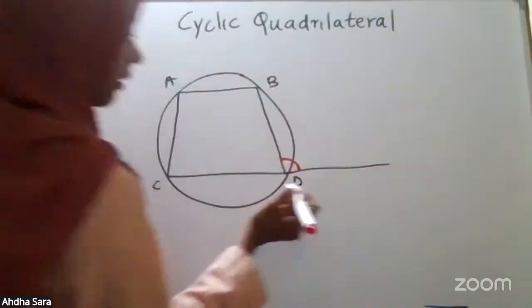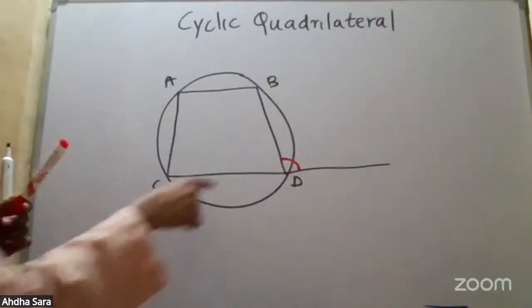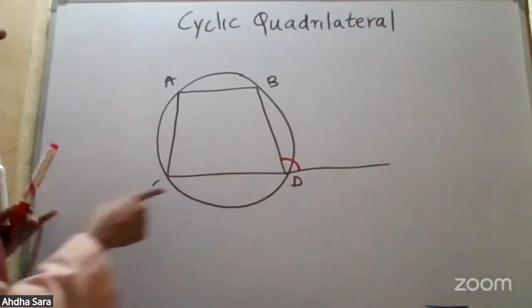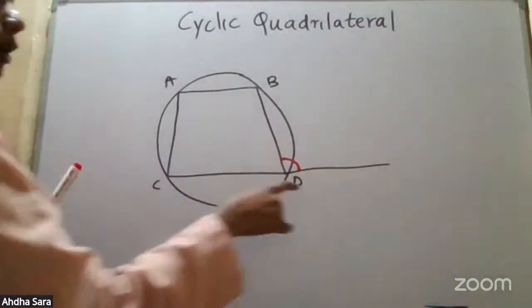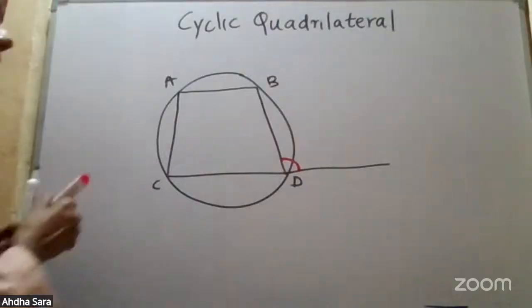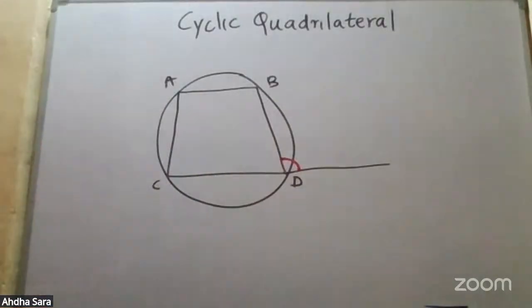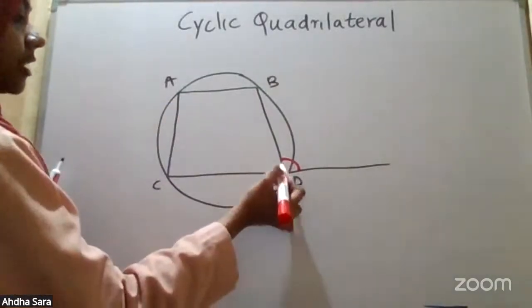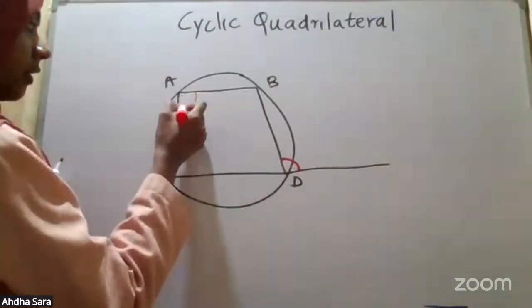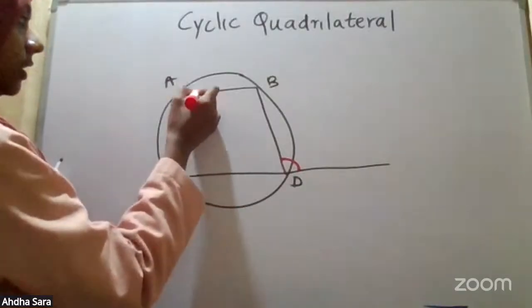The exterior angle that is formed when the side CD is produced will be equal to the angle that is opposite, the opposite interior angle.